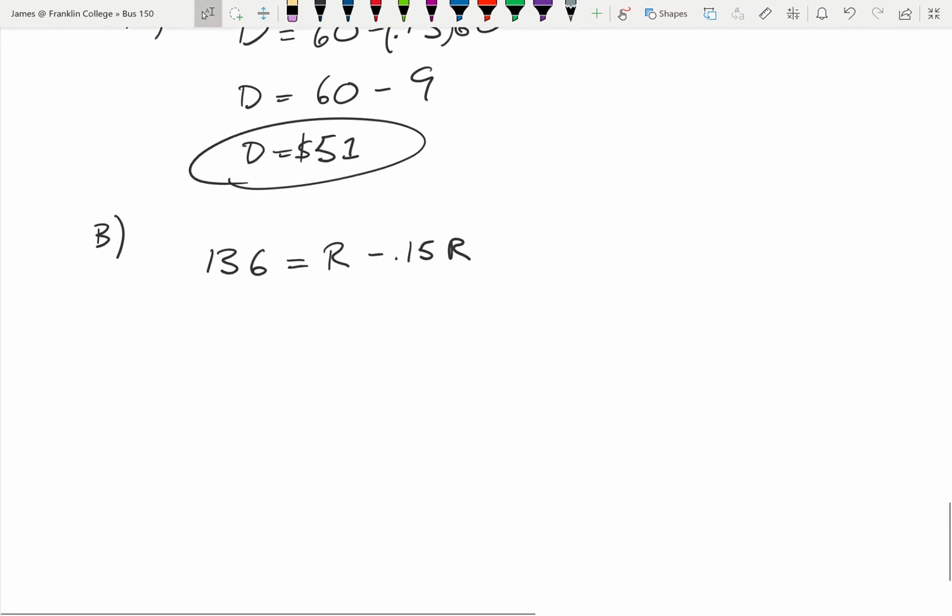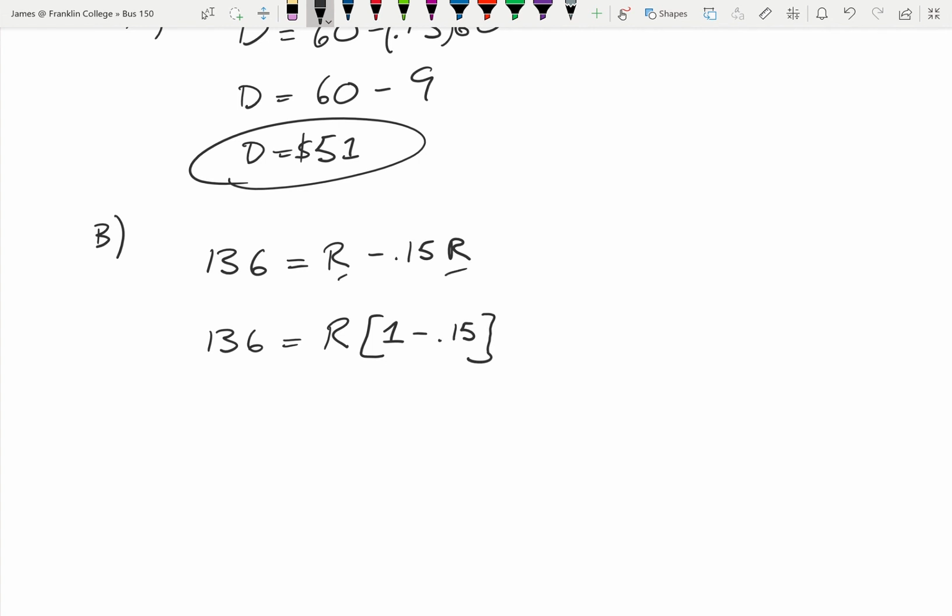So we need to solve for R now. So we have R minus 0.15 R. To solve for R, we're going to have to factor out an R on that right-hand side of the equation: R times 1 minus 0.15. All I did was factor out an R from this term and this term.